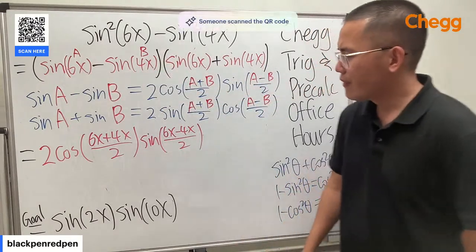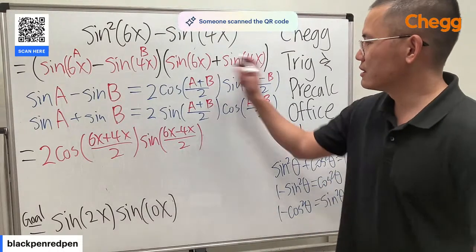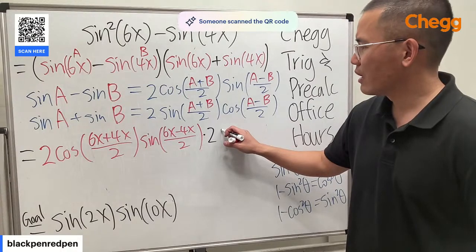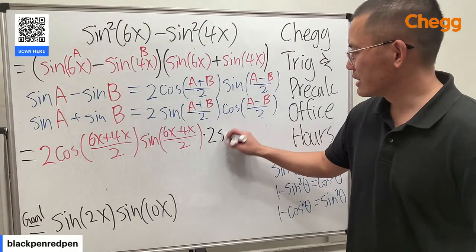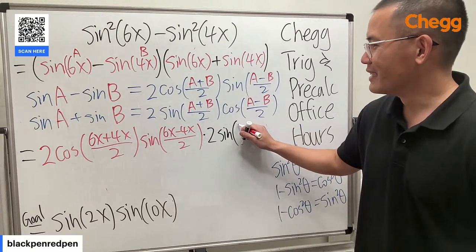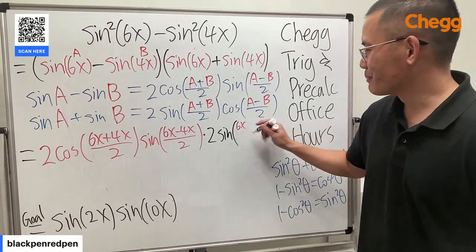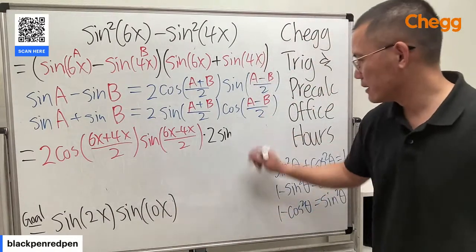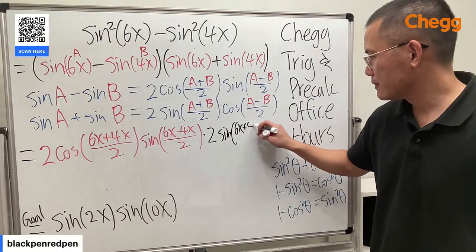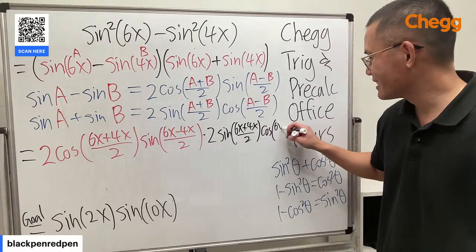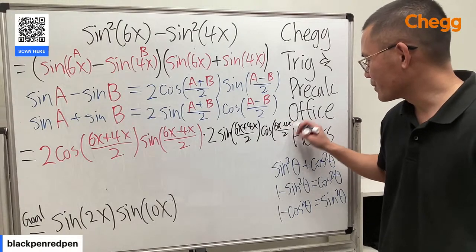And then the next part, we pretty much do the same thing. So 2, and then we have sine. I am about to run out of space, but I was trying to fit this in. So we have 6x plus 4x over 2, and then cosine of 6x minus 4x over 2.